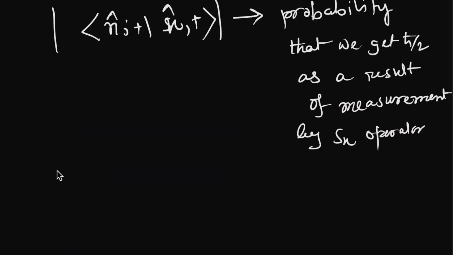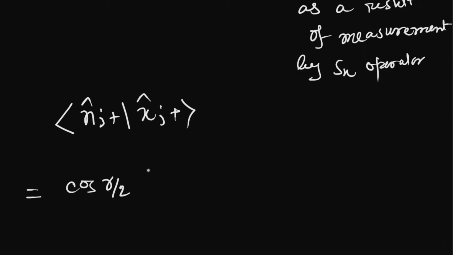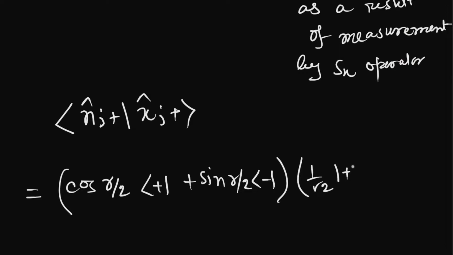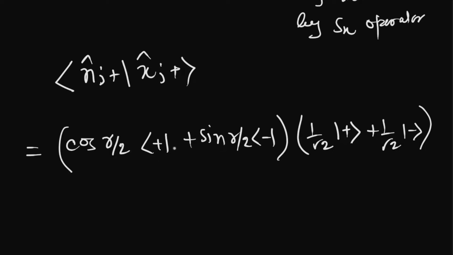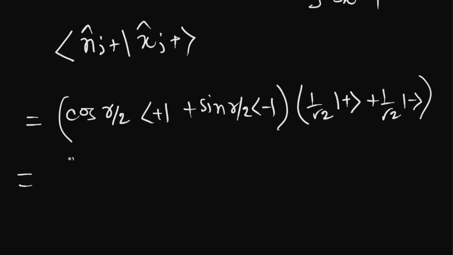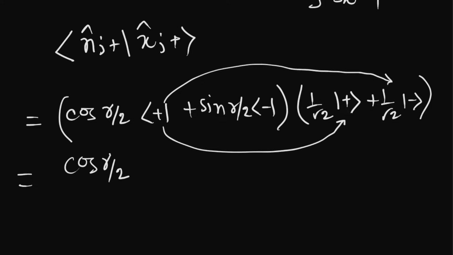So let us first calculate the value of the overlap of x cap plus with n cap plus, that is the bra of 1 by root 2 plus 1 by root 2 minus, with the ket cos gamma by 2 plus ket plus sin gamma by 2 minus ket. From the orthonormality of the eigenkets plus and minus, the cross terms give 0 and the diagonal terms give 1.